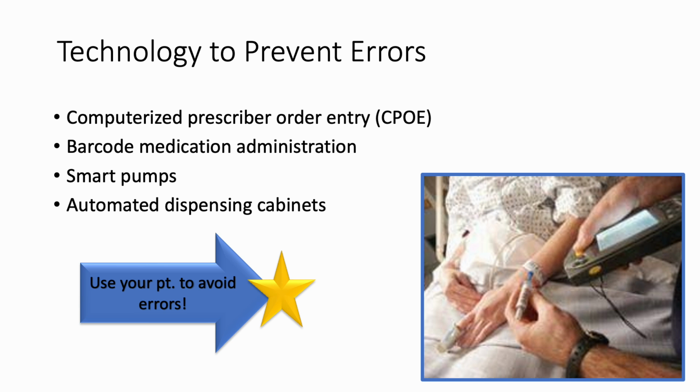You've got the barcode scanner and your patient's ID badge, which you verify by scanning, and then you scan their medication. If you're in the wrong chart, it won't let you scan the medication. If you scan too much or too little of the medication, it'll alert you. It has prevented so many errors when used correctly.